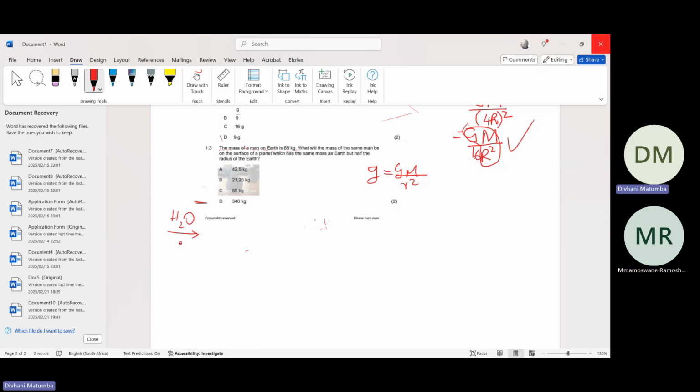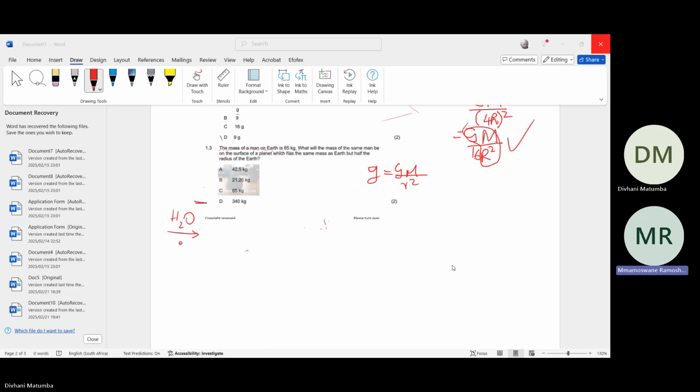So let's say you have 85 kilograms of wood, and that's the amount of matter. If you put it on another planet, will that amount of matter change?